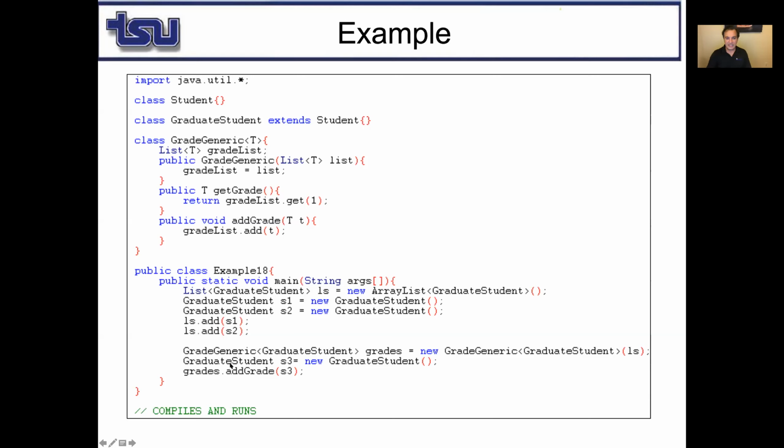Then I created a new graduate student and I make a call to add grade. That means this T is graduate student and lowercase t is S3. So I'm gonna go and add a new graduate student to the grade list. It used to have S1 and S2. Now it will also have S3.